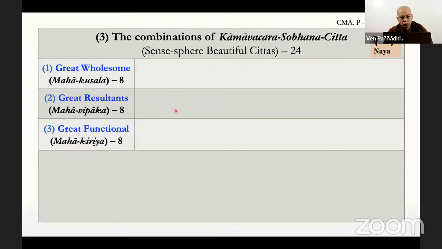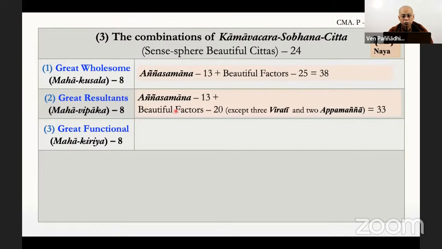For the first group, the very wholesome Mahakusala, this is the largest number: Anya Samana 30 and beautiful Veda 25, making 38. For the resultant group, it becomes different. The exceptions are all 5: Viddhati 3 and Appamanya 2. So beautiful Veda only 20, and 33 is the most in the great result.